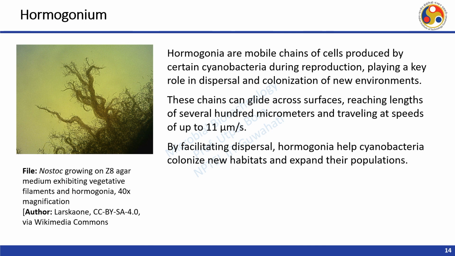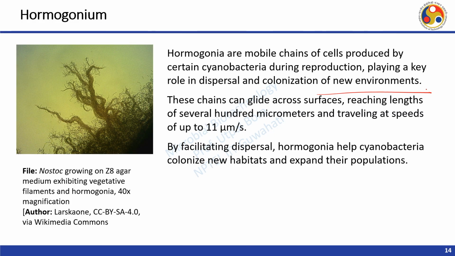Hormogonia are mobile chains of cells produced by certain cyanobacteria during reproduction, playing a key role in dispersal and colonization of new environments. Here we can see Nostoc growing on Z8 agar medium exhibiting vegetative filaments and hormogonia under 40x magnification.